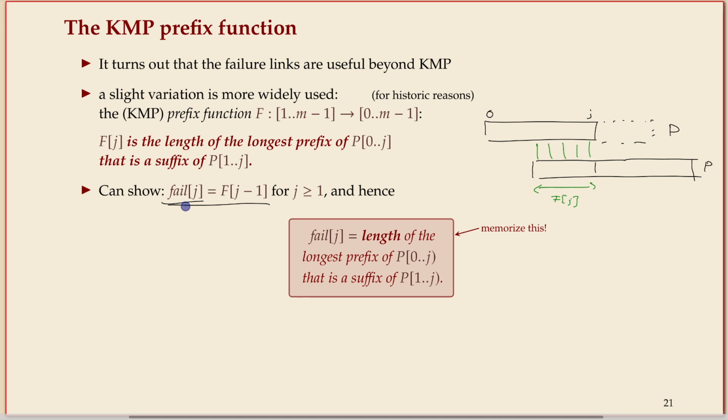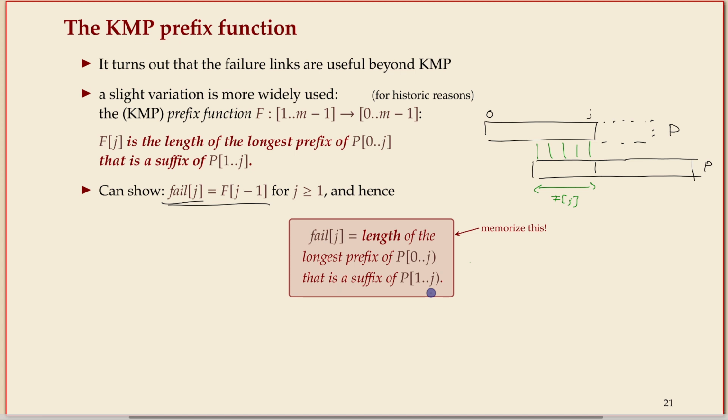So the difference for us, fail of j would have been excluding that position j. Otherwise, it's the same. So that also means it's useful to memorize this alternative definition of the failure links. Fail of j is the length of the longest prefix of the first j characters of the pattern that is also a suffix of that thing if we chop off the first character.